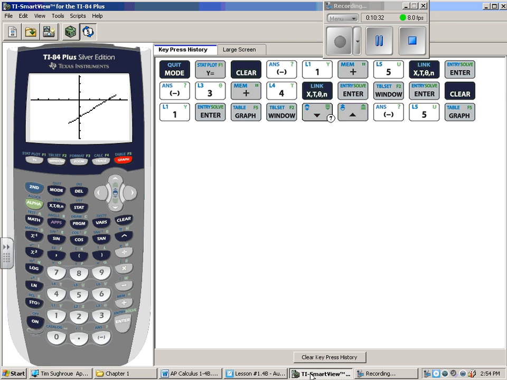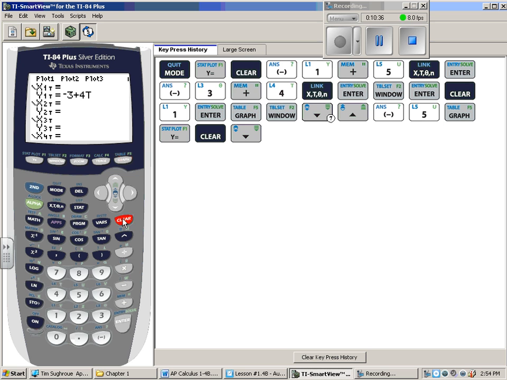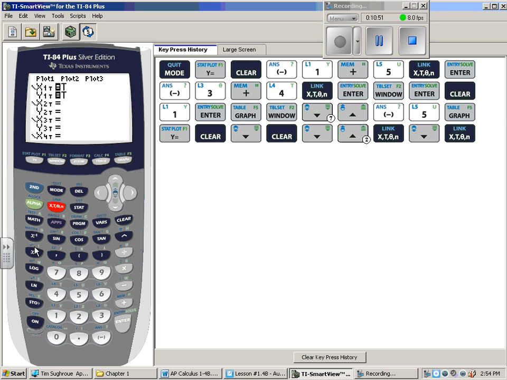Going back to the calculator, going to y equals. I'm going to clear out the two coordinates. The x coordinate we're going to define just as t. The y coordinate is going to be defined as t squared plus 2t. Enter.